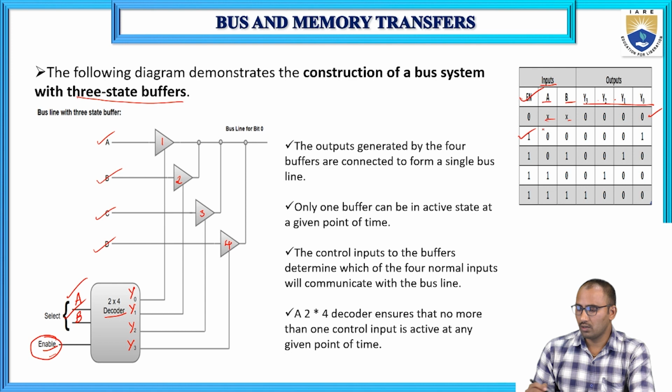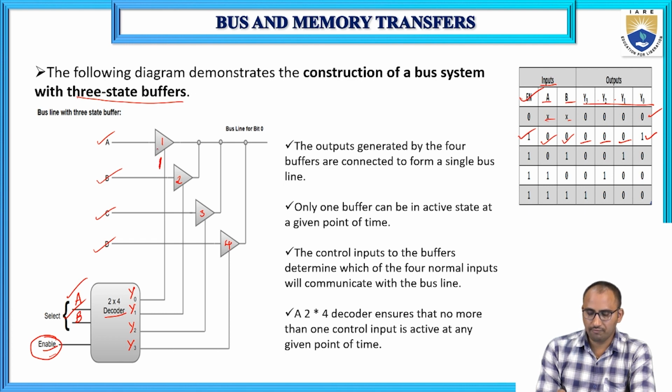When enable is logic high and the inputs A and B are 0, 0, then the Y0 output is logic high, and the remaining Y1, Y2, Y3 are logic 0. So the control input to the first tri-state buffer is logic 1, and for the remaining tri-state buffers it is logic 0.